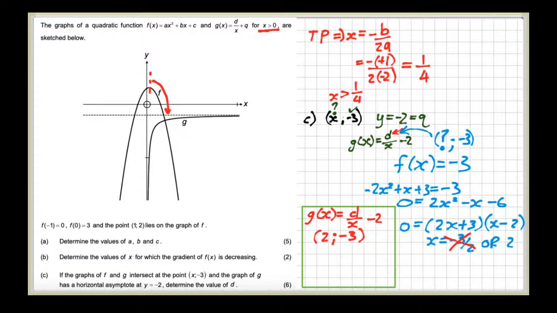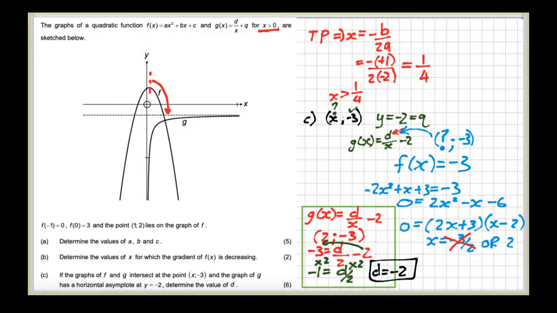So I'm going to substitute y with -3 and x with 2, and solve for d. I take that -2 over, it becomes plus 2, so -3 plus 2 is -1, equal to d over 2. Multiplying by 2 on both sides gives me that d is equal to -2.